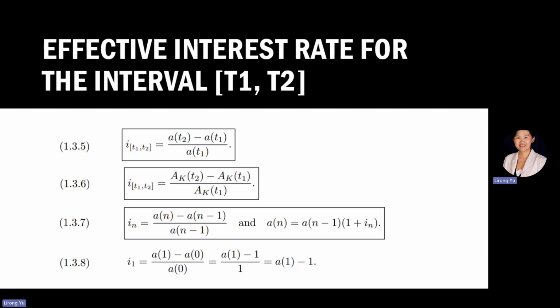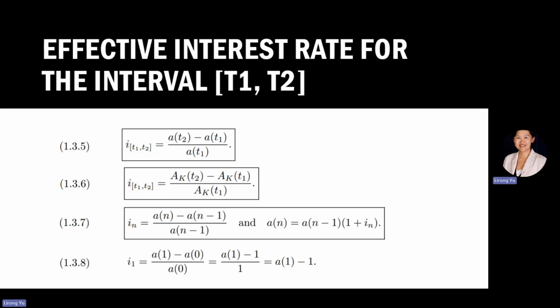I1 is the interest rate for the time interval 0 to 1. In is for the interval from n minus 1 to n. And I(t1, t2) is the interest rate from t1 to t2. Right, so in this definition, the underlying idea is that maybe all these I are not the same I. Now, for the compound interest model, any equal intervals will have identical interest rates.